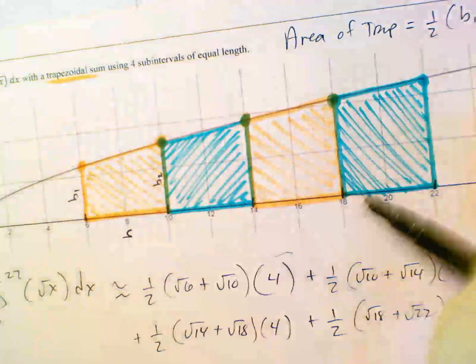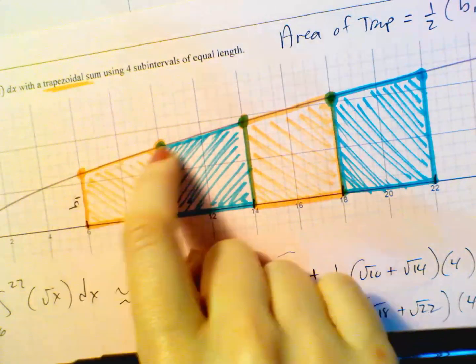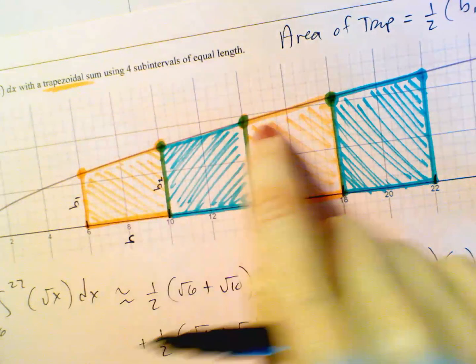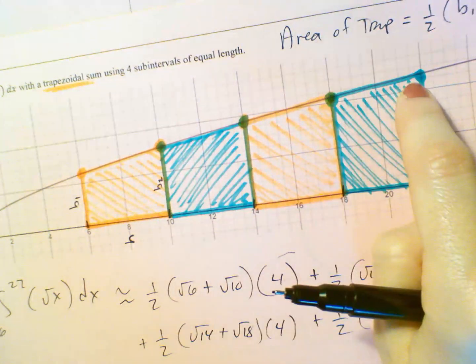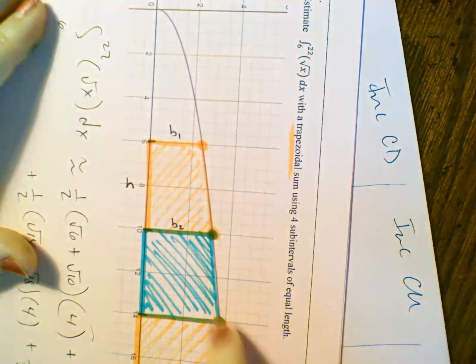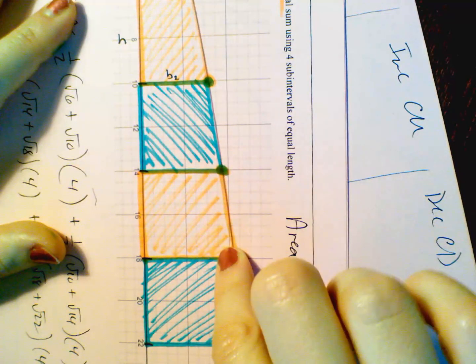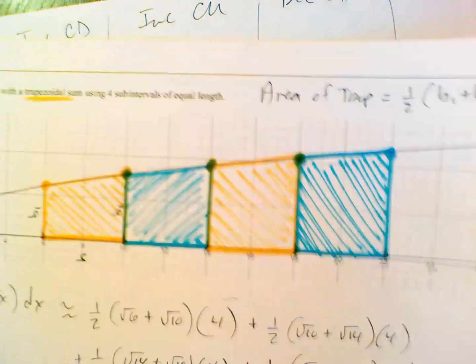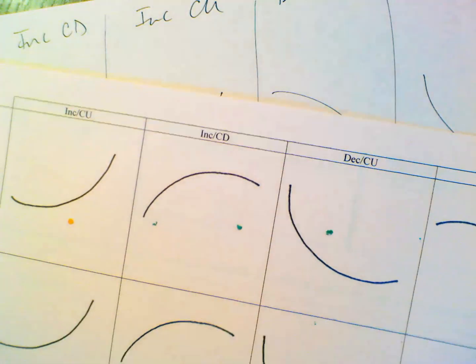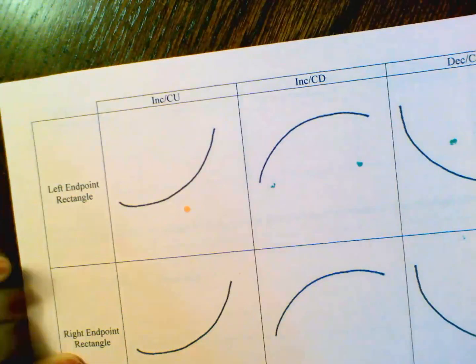The concavity of this graph makes it so that these tops here, actually they're sides, are slightly under the graph itself. Okay, now, sorry this is so long.